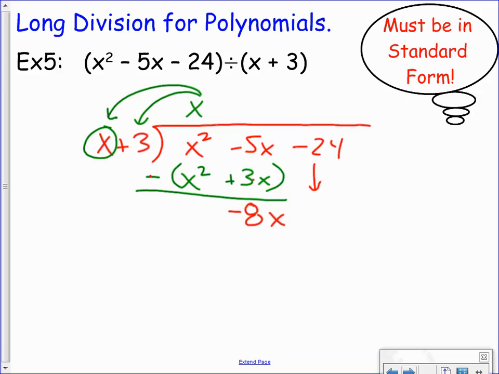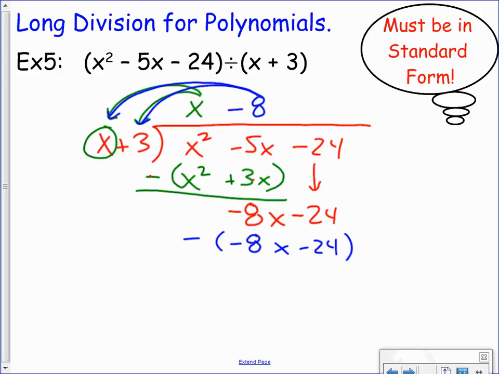Bring down this negative 24, and we start the process again. What do we need to multiply x by to get to negative 8x? Negative 8. So this part is negative 8. Distribute. Negative 8 times x is negative 8x. Negative 8 times 3 is negative 24.